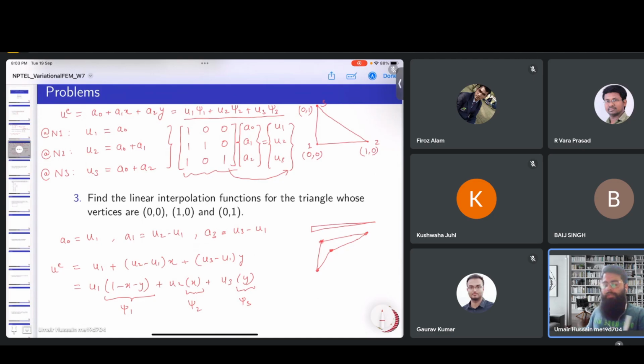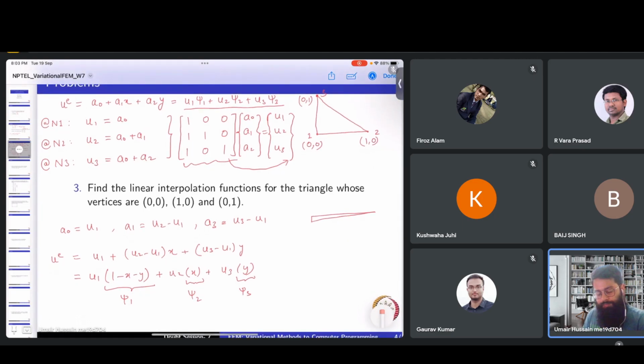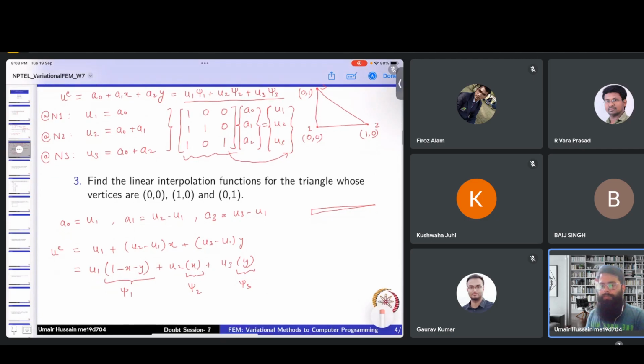The matrix formed by these would give you a non-invertible matrix. So that's why there are certain restrictions on the type of element that we can use. I hope this was clear here.